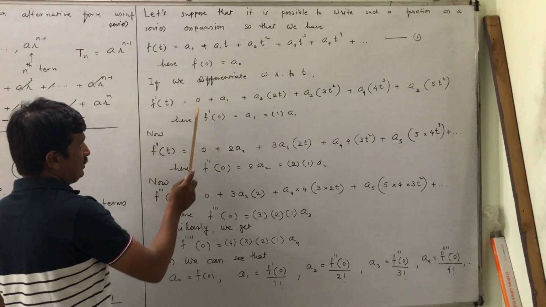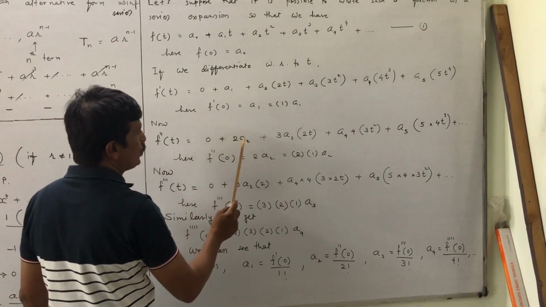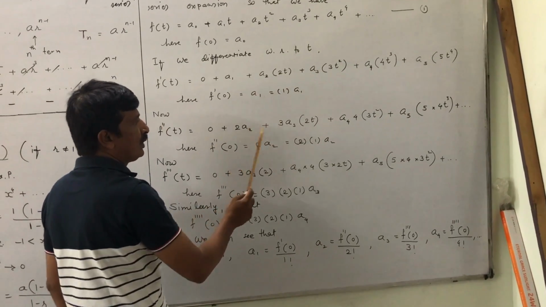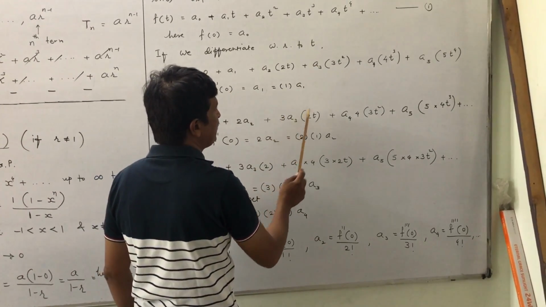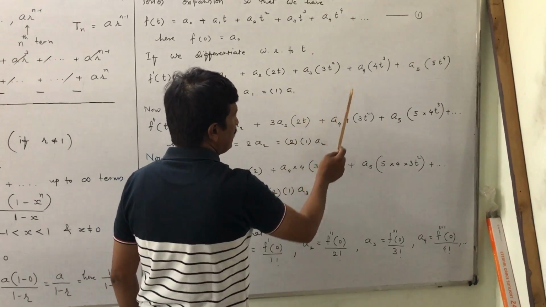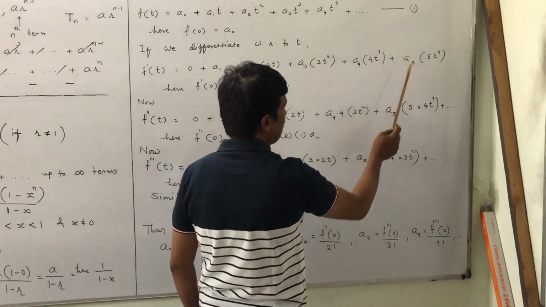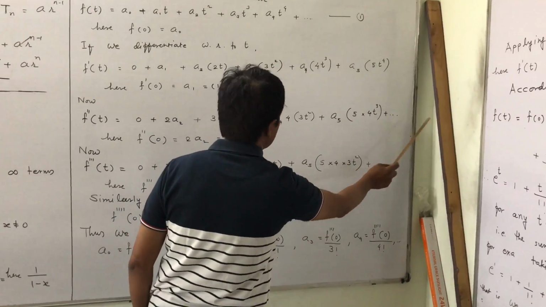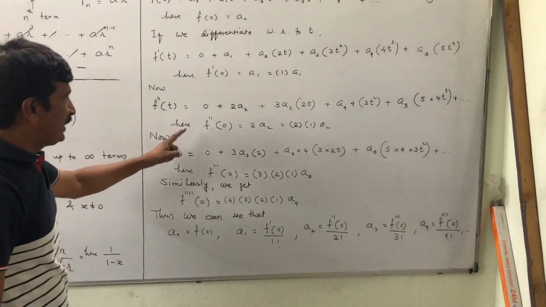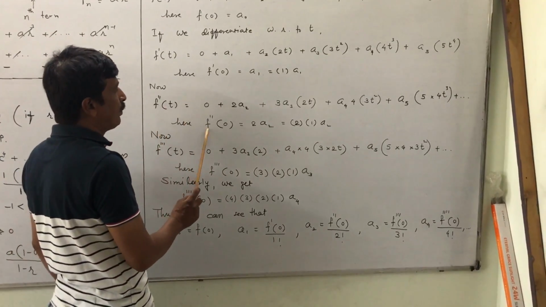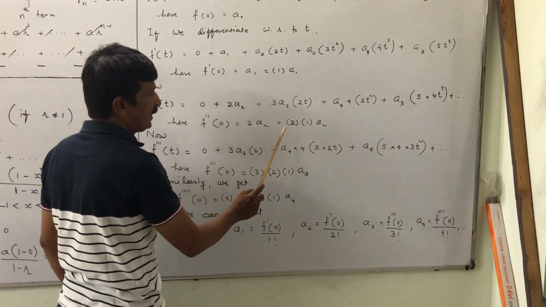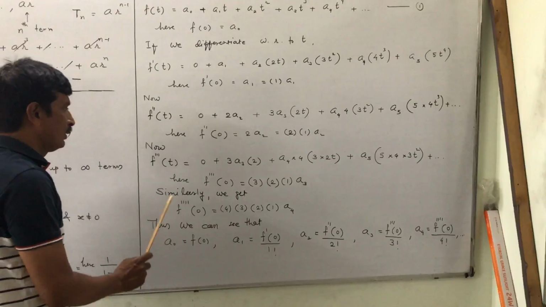F double dash t, so a1 is 0, a2 into 2t derivative 2, a3 into t square derivative 3t square, a4 into 4 3t square, a5 into 5 4t cube, etc. If we take here t equal to 0, f double dash 0 is 2a2, that is 2 into 1 into a2.